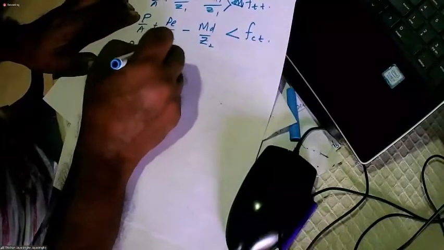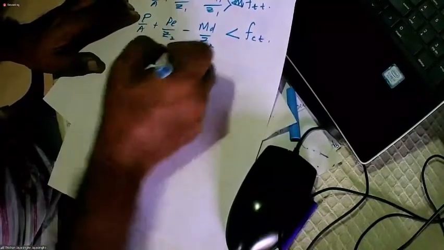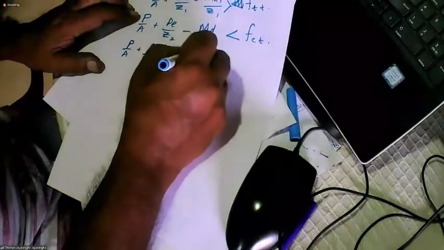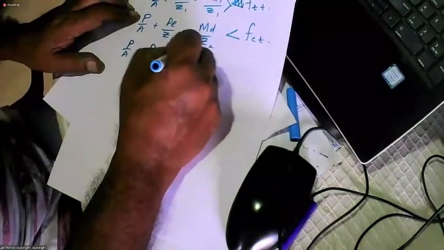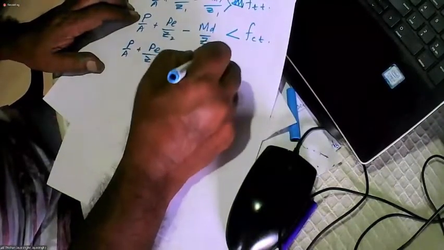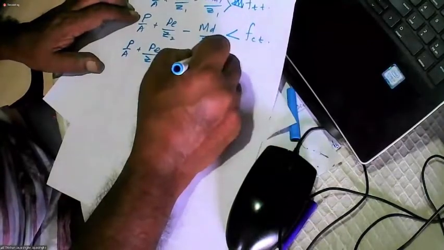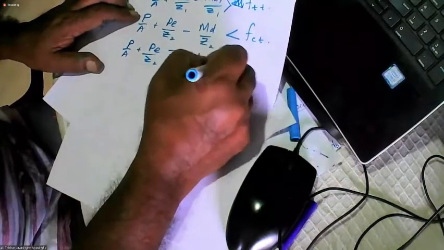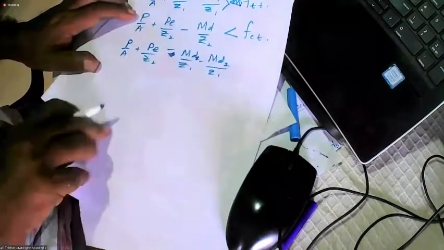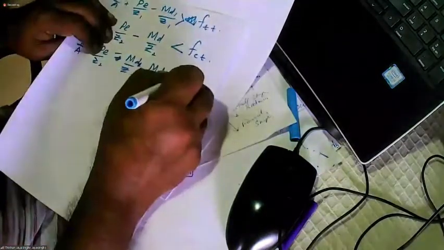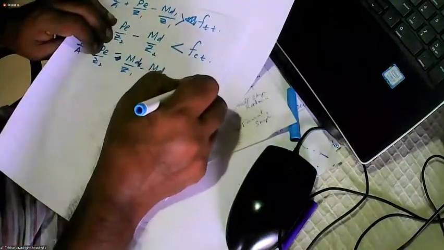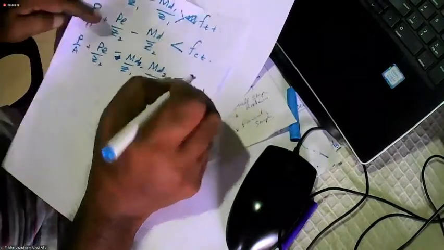Then we can have an intermediate situation which says P over A plus P e over Z2 minus MD1 over Z1 minus MD2 over Z1 shall be less than compression at working.